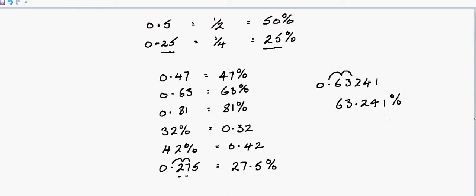That's all there is to it. If we want to change a percentage back to a decimal, so let's say we've got 47.16%, the decimal point is going to go the other way because we know it's going to be 0 point something. So it just goes back two places, so we get 0.4716. So it really is that simple.